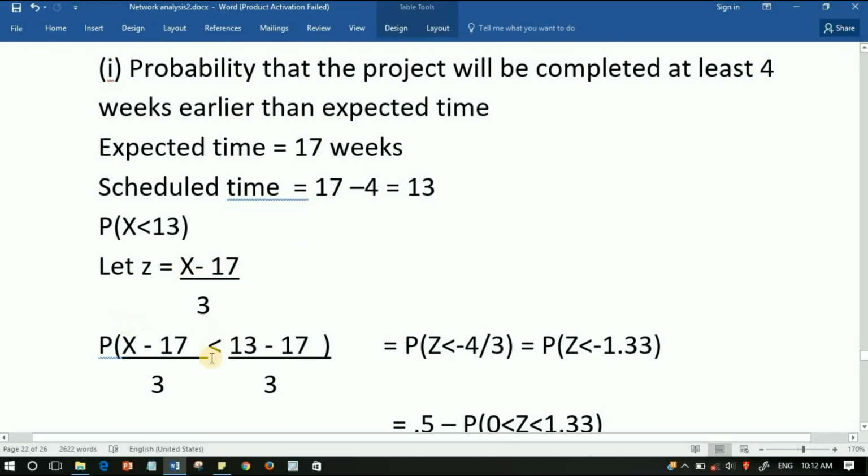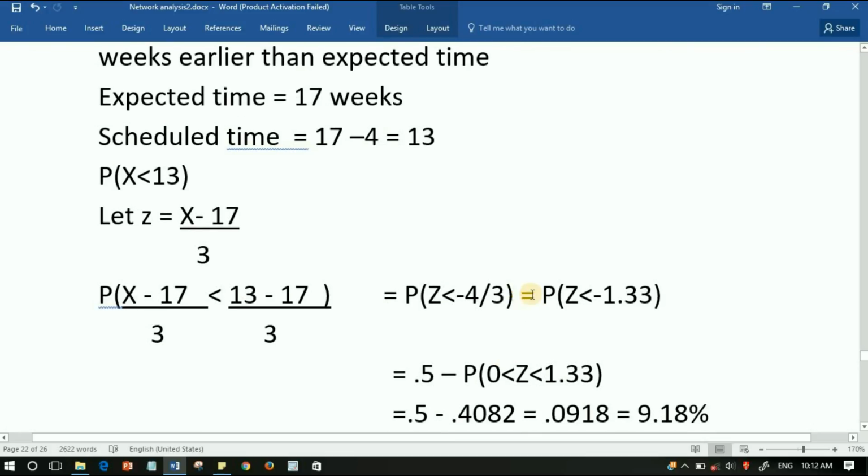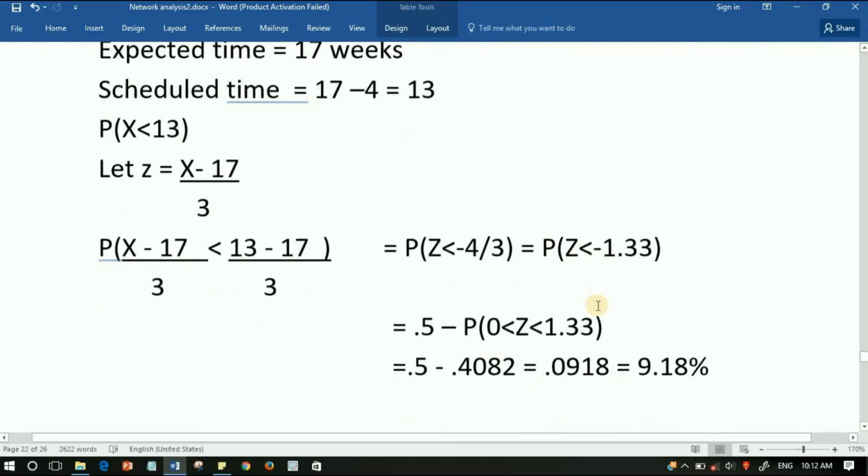So probability of (x minus 17) by 3, that is (13 minus 17) by 3, is probability of z less than minus 4 by 3, so probability of z less than minus 1.33.